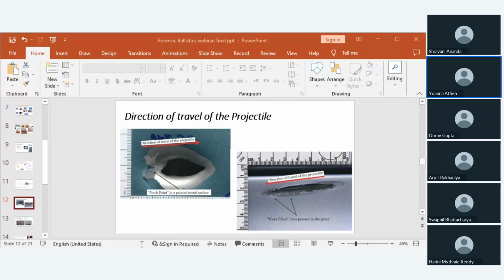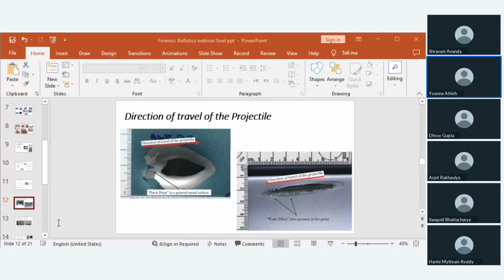The pinch point, as you can see, happens when a bullet strikes a painted surface. It often creates a small piece of paint that remains attached at the point of impact, which forms what we call a pinch point. Okay? So this paint fragment can help identify the direction in which the bullet was traveling when it impacted the surface.